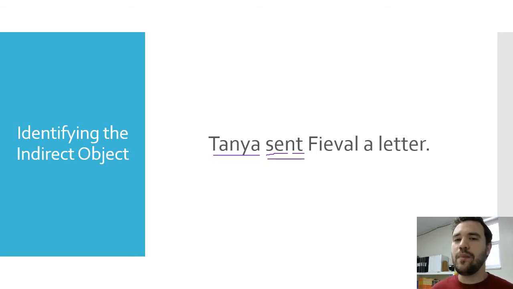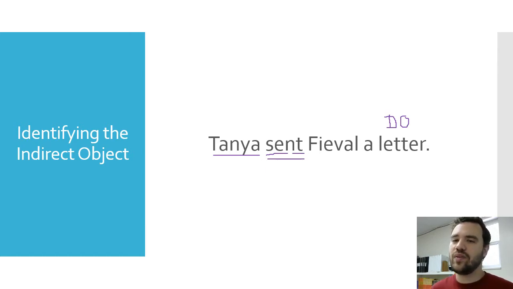However, if we look at the meaning of the sentence, and that's really important that we look at the meaning of the sentence, Tanya did not send Fievel, right? Tanya actually sent a letter. So that is our direct object. Tanya sent what? Tanya sent a letter.